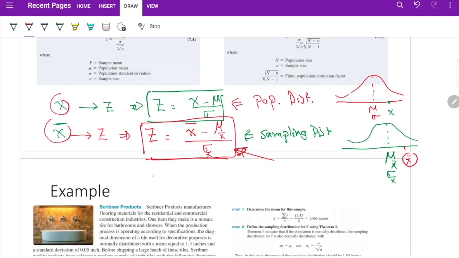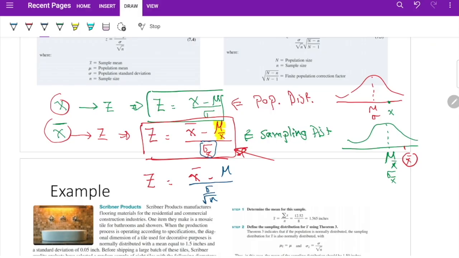From the previous theorem, we know that mu x bar is equal to the population mean. There's no need to worry about this one, because if you take all the samples, mu x bar is going to be equal to mu. Go back to theorem 1 or 2. Also, the standard deviation of the sampling distribution, which we call the standard error, is sigma divided by the square root of n.